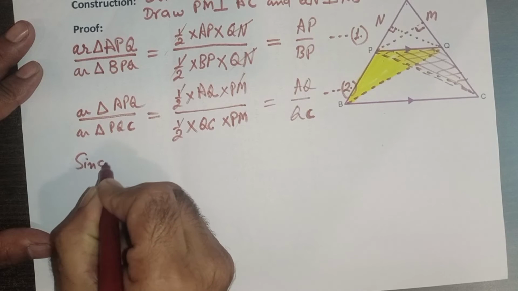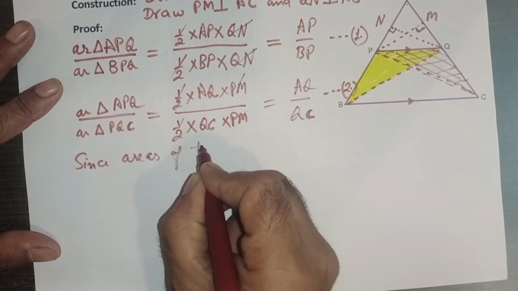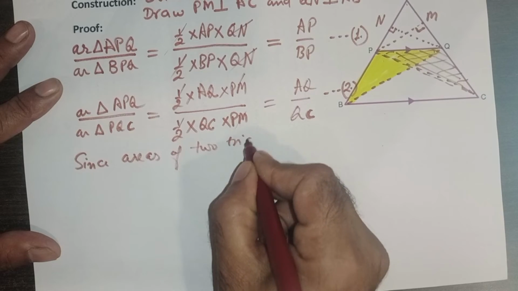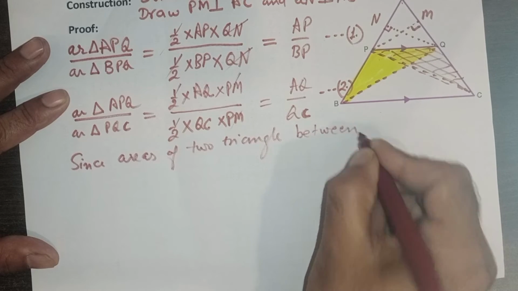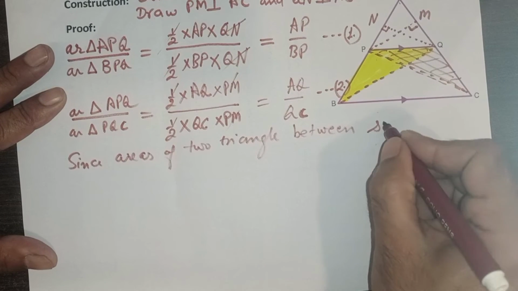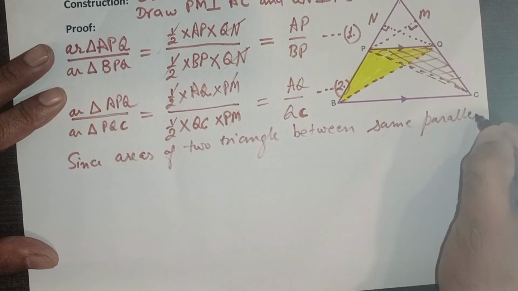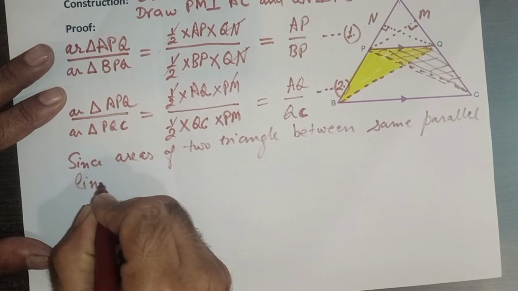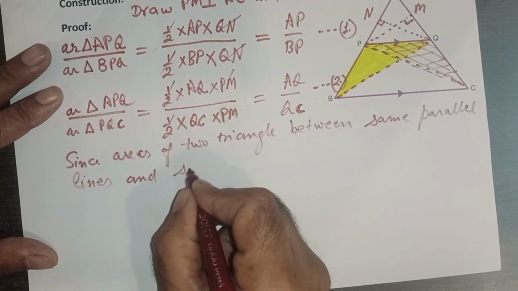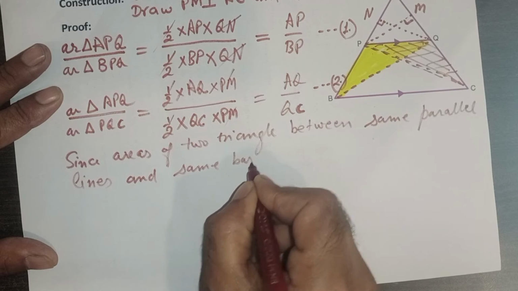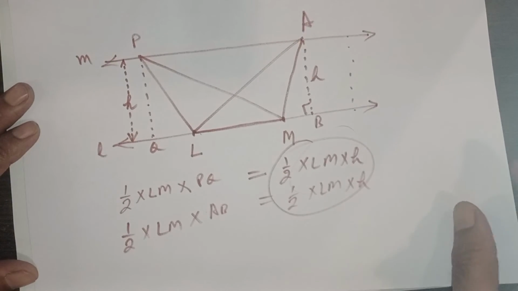Since areas of 2 triangles between same parallel lines and same base, correct? I repeat, this is important.